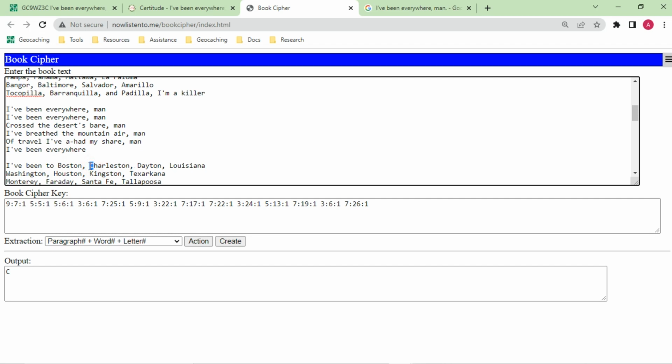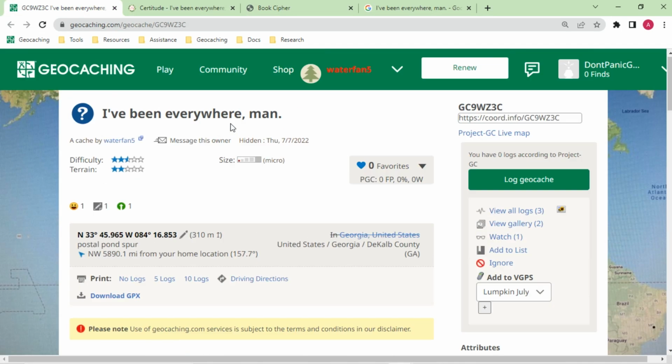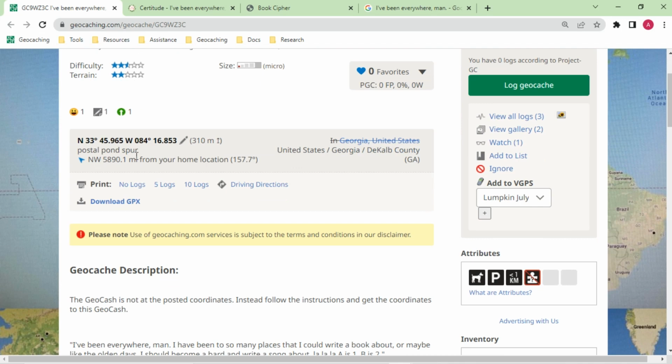And the first letter is Charleston, C. Now, mentioned somewhere in the text, A is 1, B is 2, stuff like that. So if we convert a C to a 3, and so on, we get a nice coordinate because C, C, D, F would give us 3, 3, 4, 6, which would nicely work with this puzzle, and the puzzle can be considered solved.